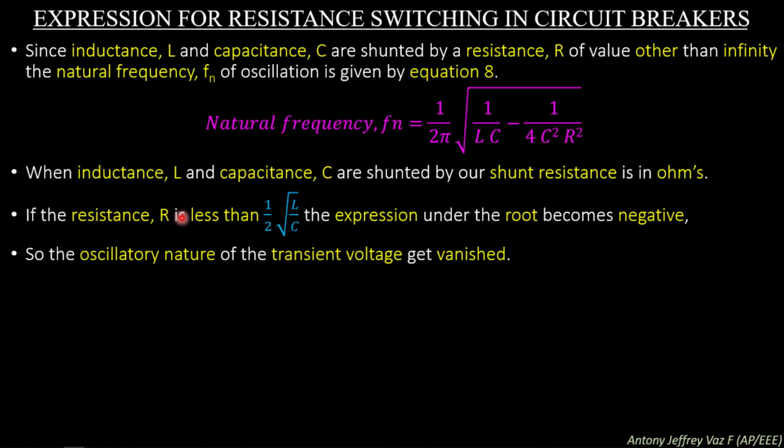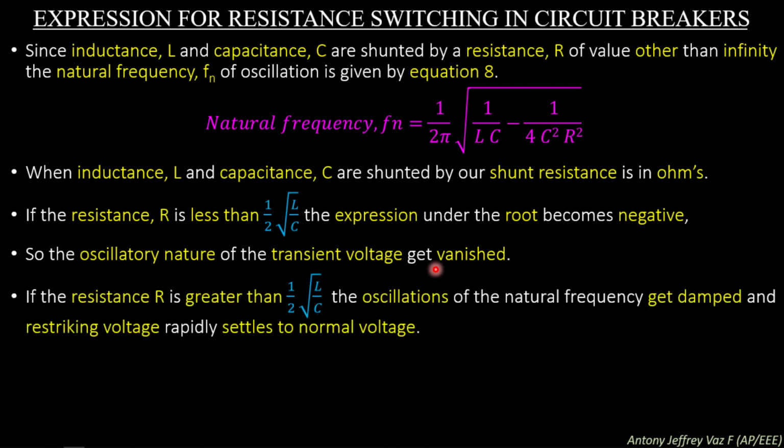So if the resistance R which is derived is less than 1 by 2 root of L by C, then the transient voltage vanishes immediately. If the resistance R is greater than 1 by 2 root of L by C, then the oscillations of natural frequency get damped and the restriking voltage rapidly settles to a normal value.